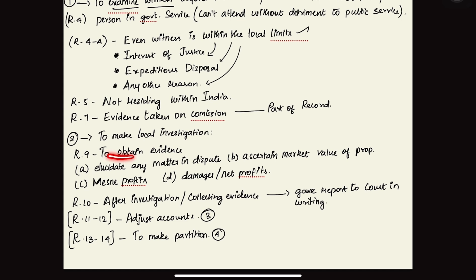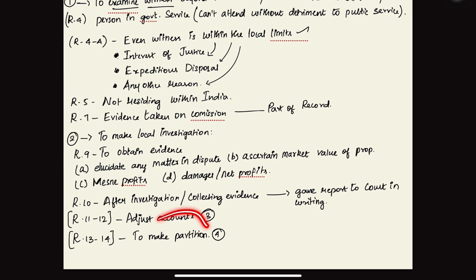So, according to Rule 9, in order to obtain evidence, to elucidate any matter in the dispute, to ascertain the market value of the property, to estimate mesne profits, as well as damages and net profits, commissions can be issued. After investigations and collecting evidence, a report can be made by the commission and should be given to the court in writing.